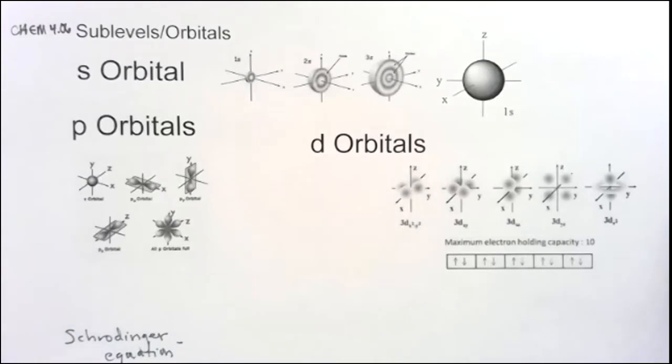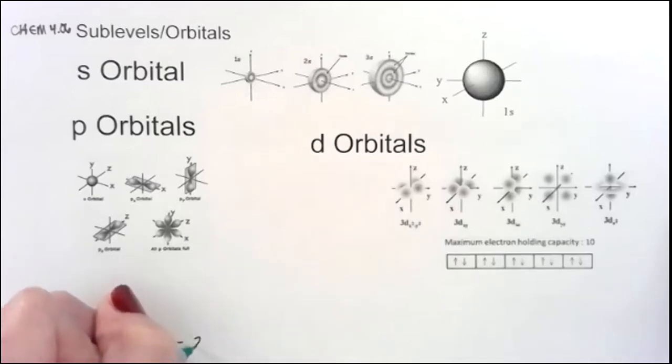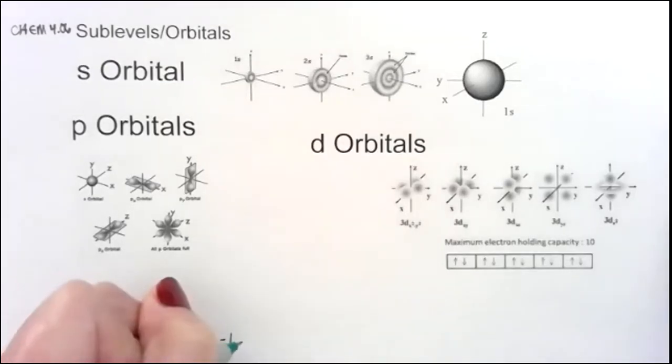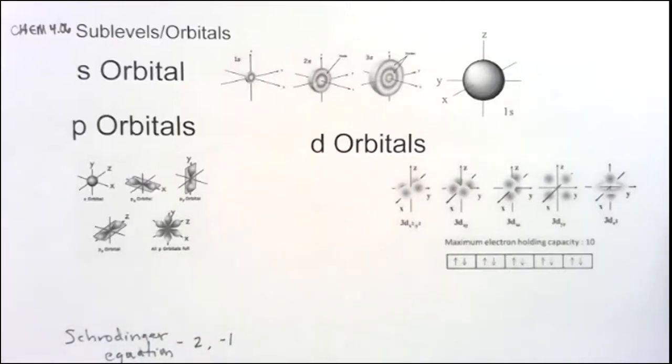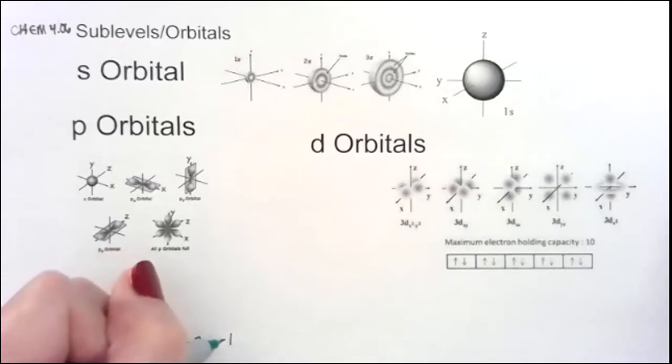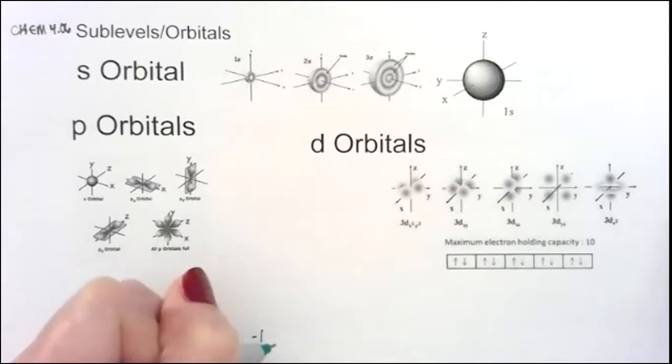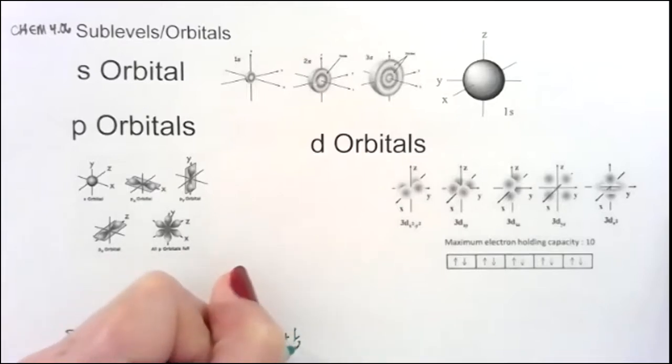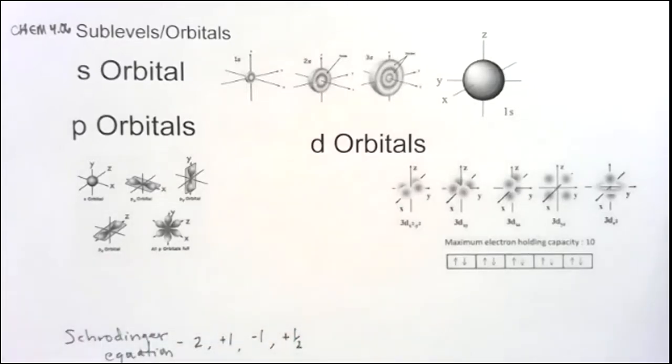So for example, if I solve the Schrodinger equation for a specific electron in a specific element, it might say +1, -1, +1/2.